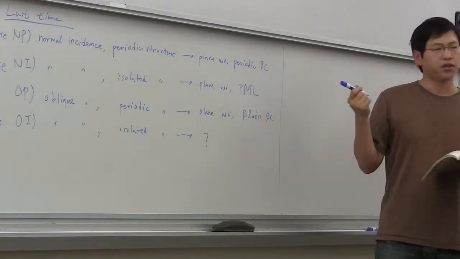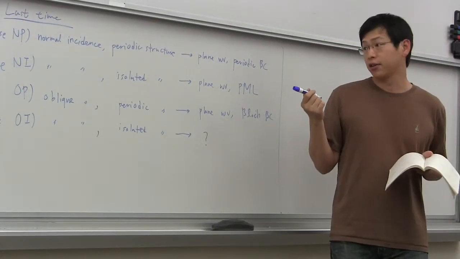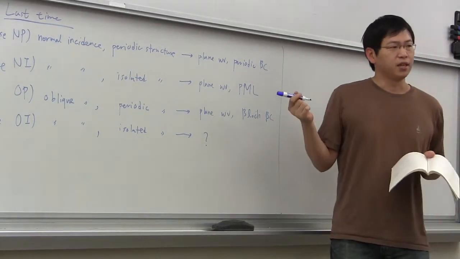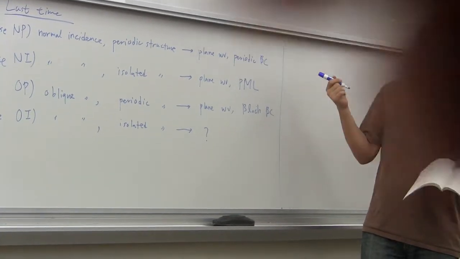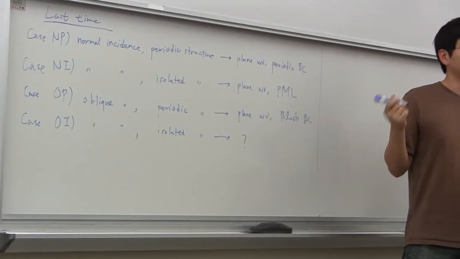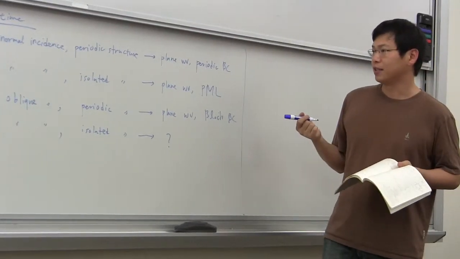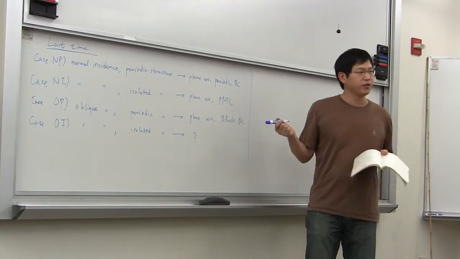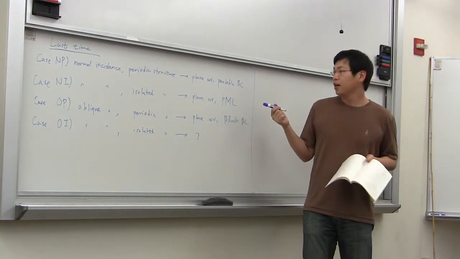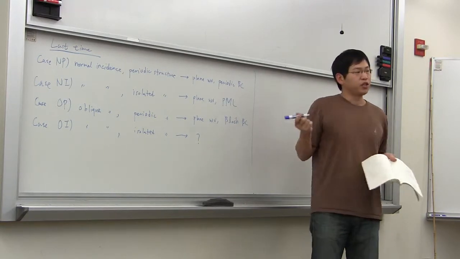structure. The third case was oblique incidence on periodic structure. For the three cases, we discussed how to simulate these scattering events. For all three cases, you could use a plane wave incidence and some boundary conditions.